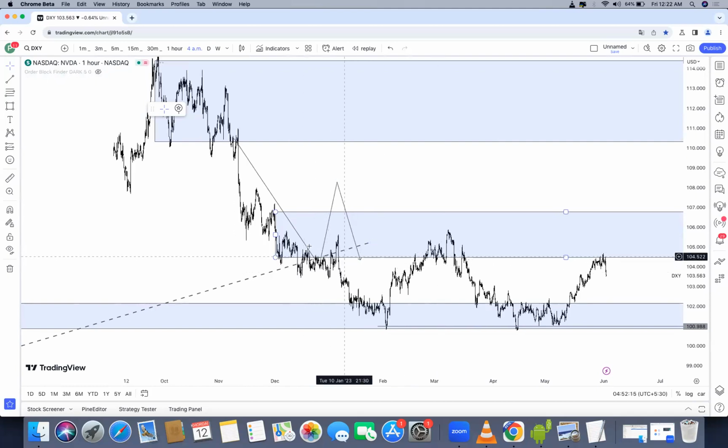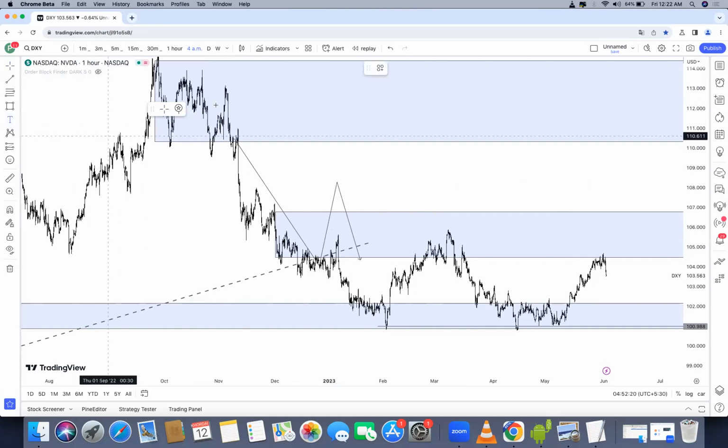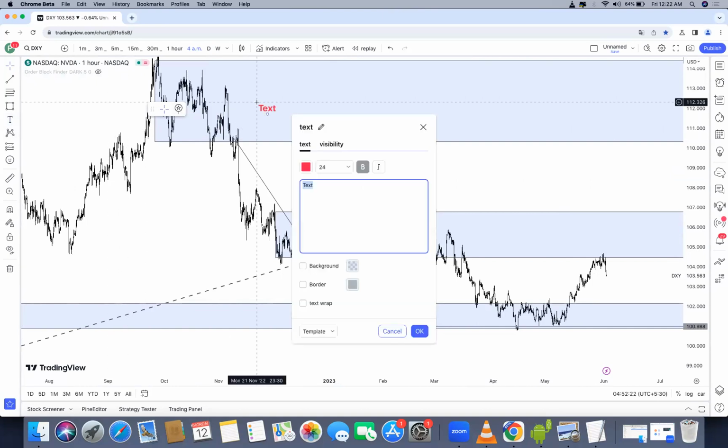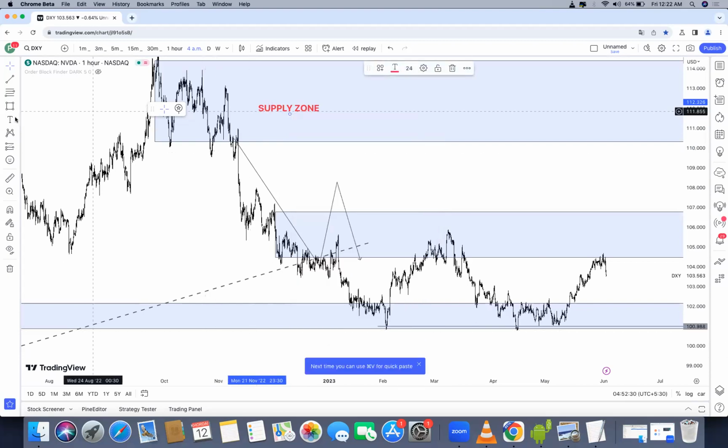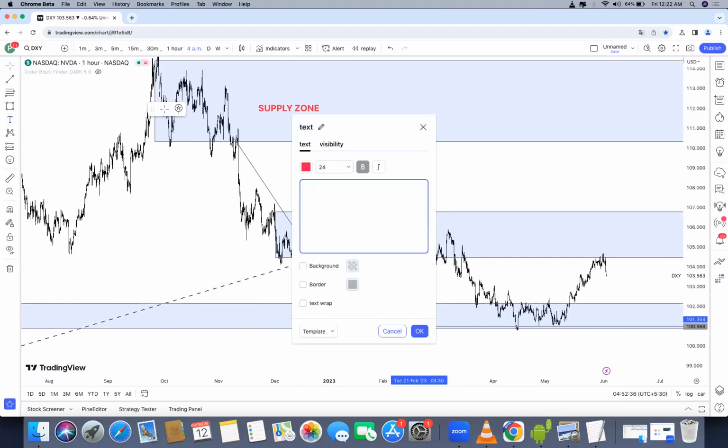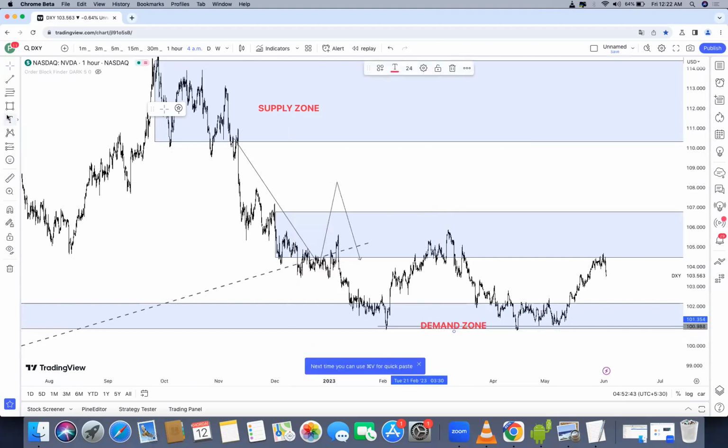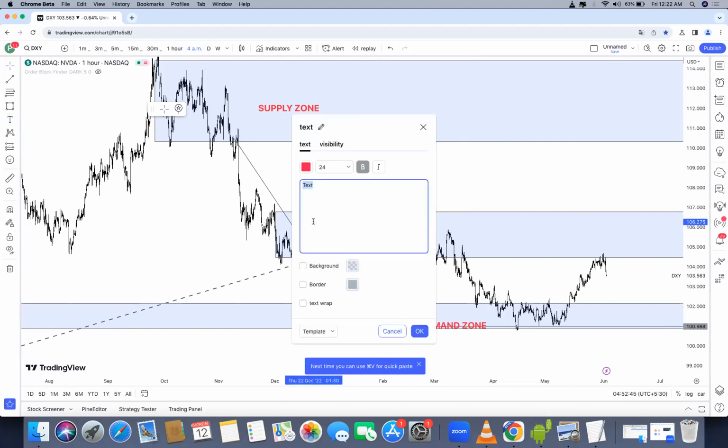Checking on the lower time frame, you can see we have our supply zone here, a demand zone here, and a mid zone here.